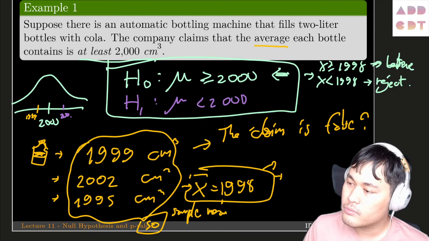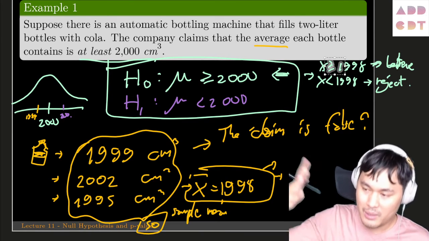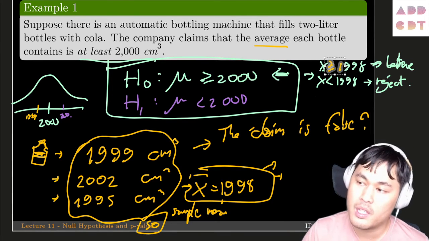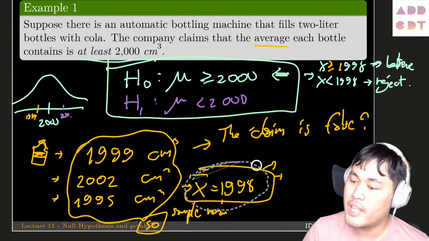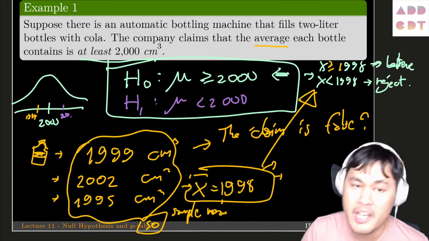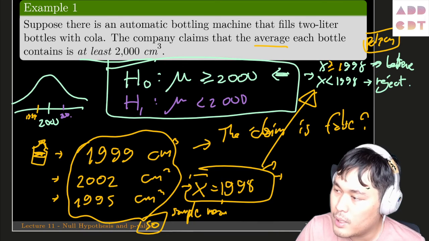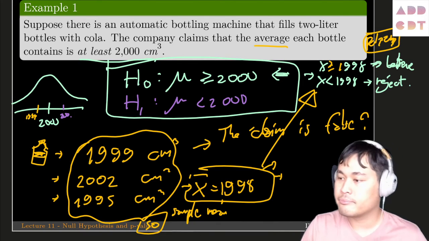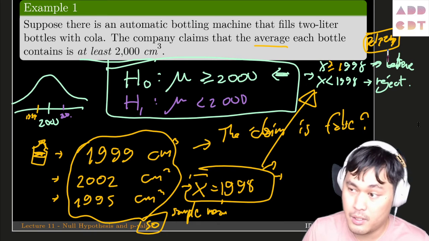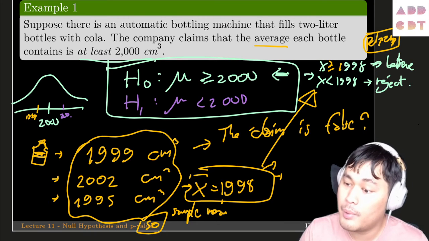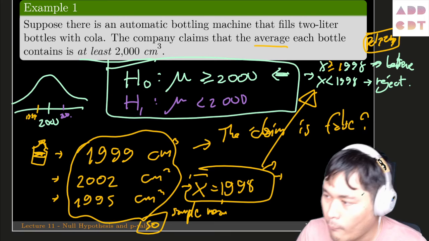So once we have this screen, then we can collect samples for the sample mean, and then compare that number to the policy that we settled. And so that's the goal of this null hypothesis.